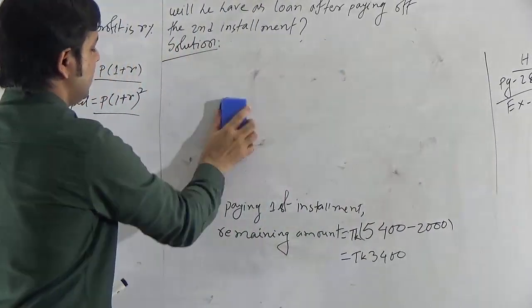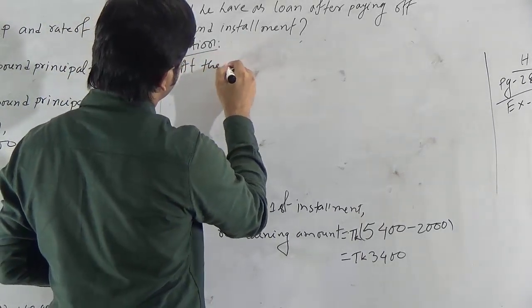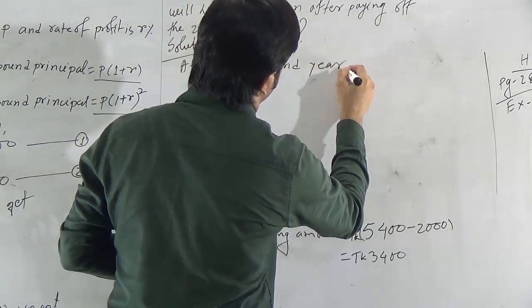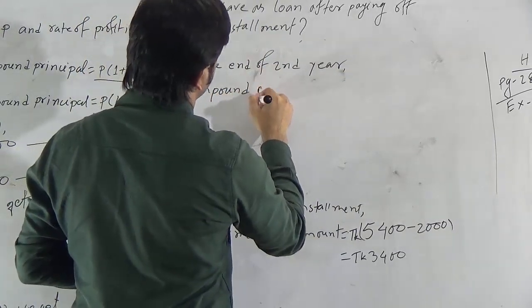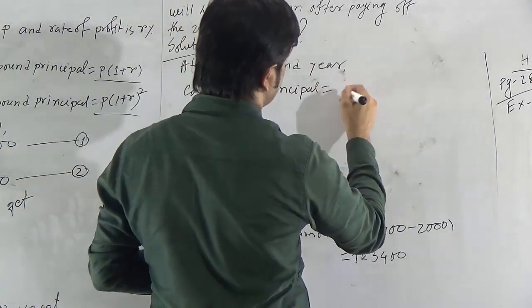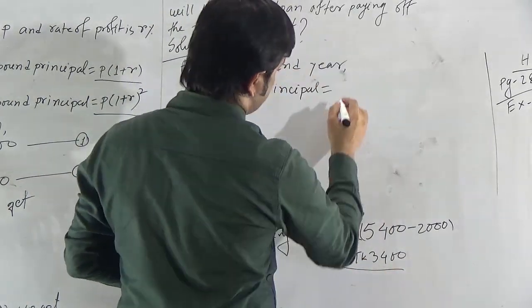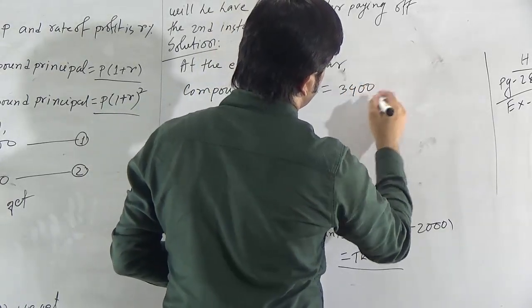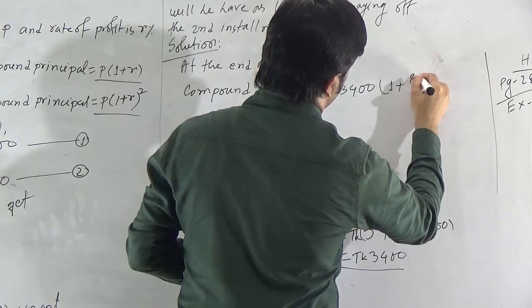So we can write, at the end of the second year, compound principal will be, here our principal is 3400 taka and R means 8 by 100.